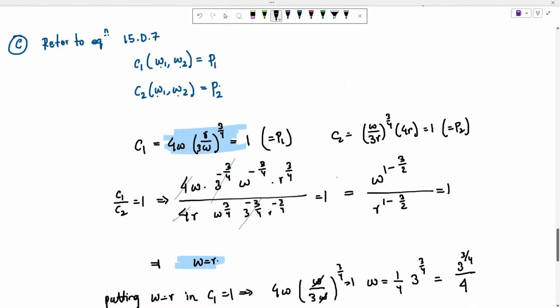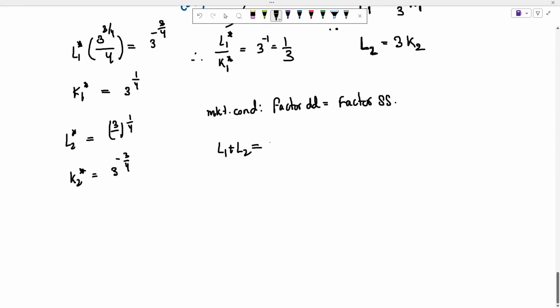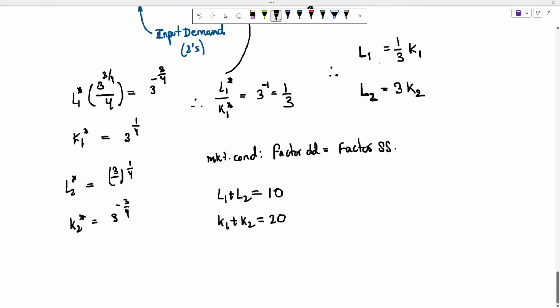So this should be 10, and K1 plus K2 should be 20. Now from here, if we add both of them up, this basically says that 1/3 of K1 plus 3 of K2 should be equal to 10, which basically implies that K1 plus 9 K2 should be equal to 10, and then we can solve for this.